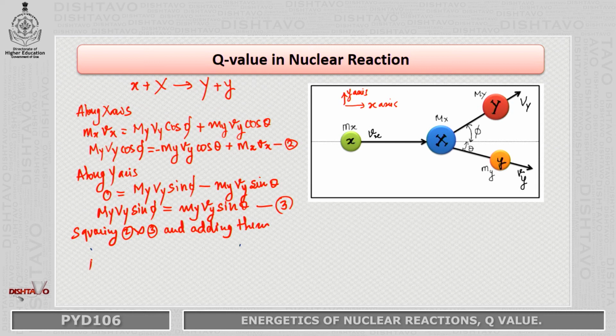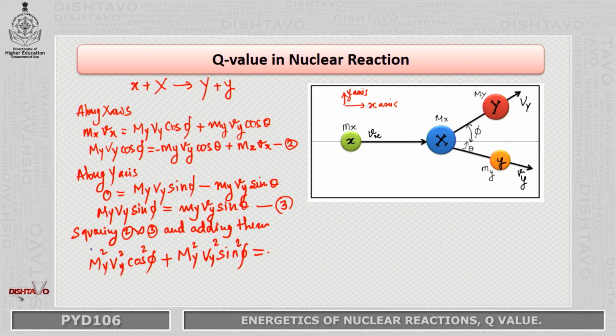So my Vy square cos phi square, and then we are adding it to equation 3. Here it will be my square Vy square sine square phi.